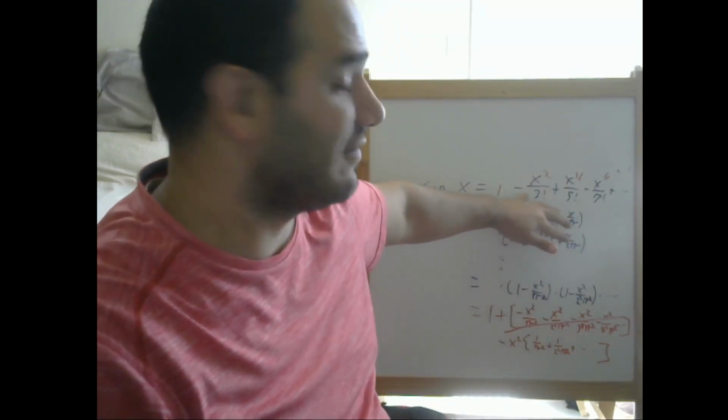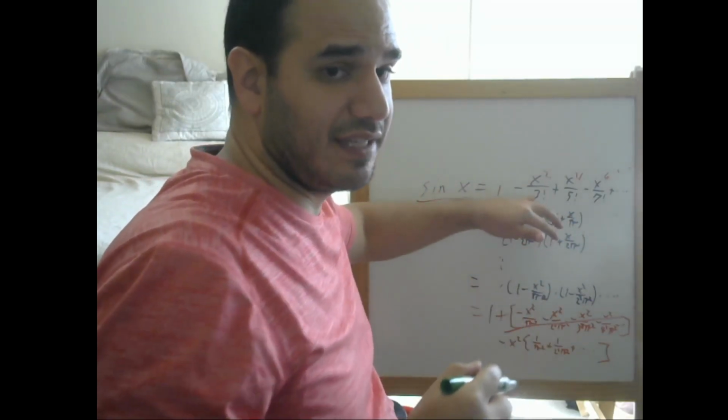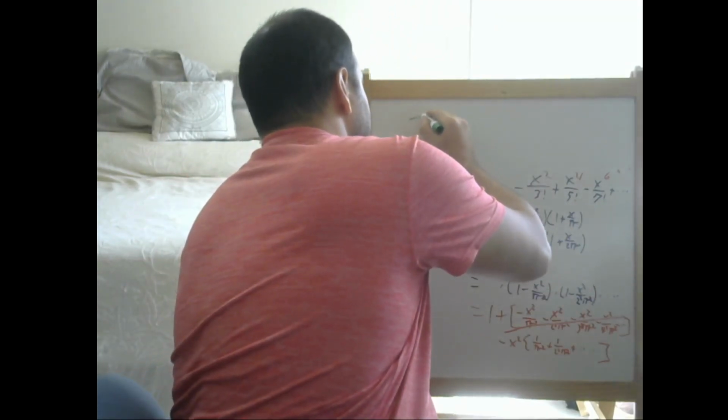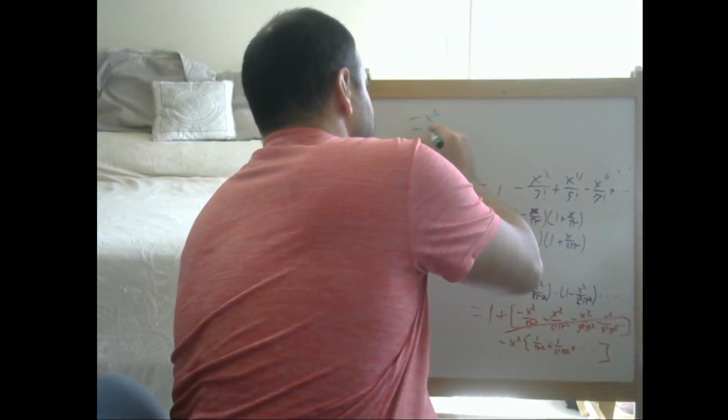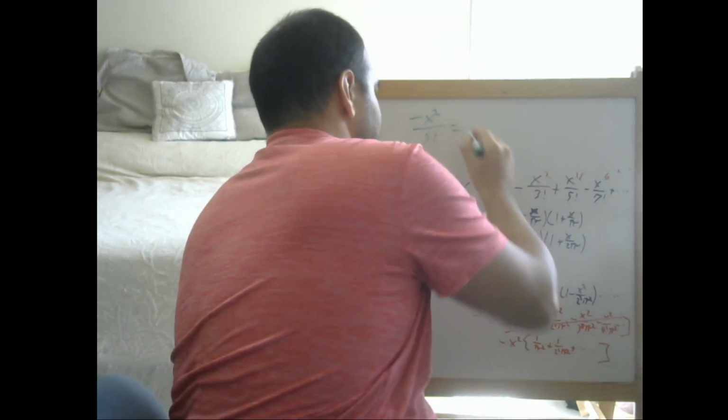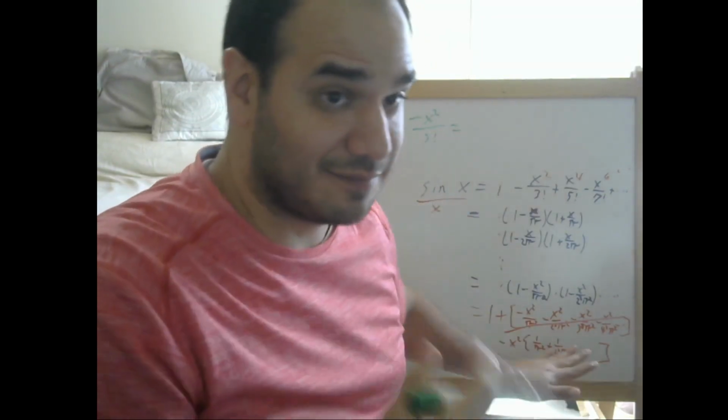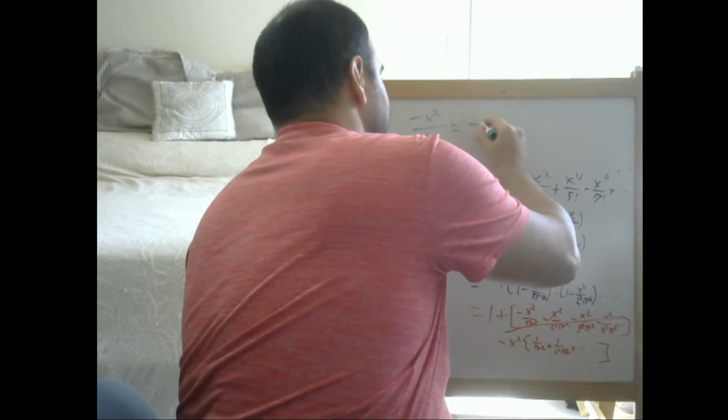Okay, so first we have this one, right? That negative x squared over 3 factorial should equal this, right? This negative x squared.